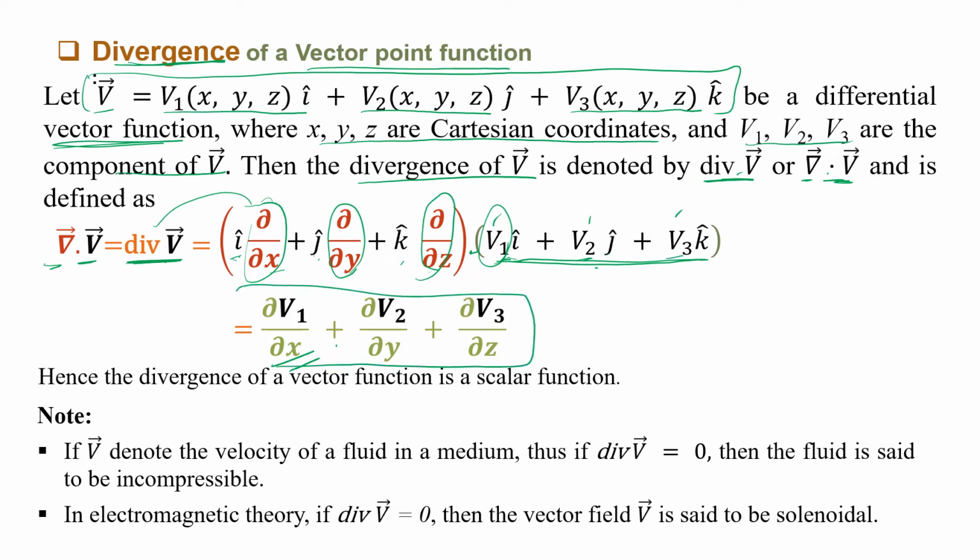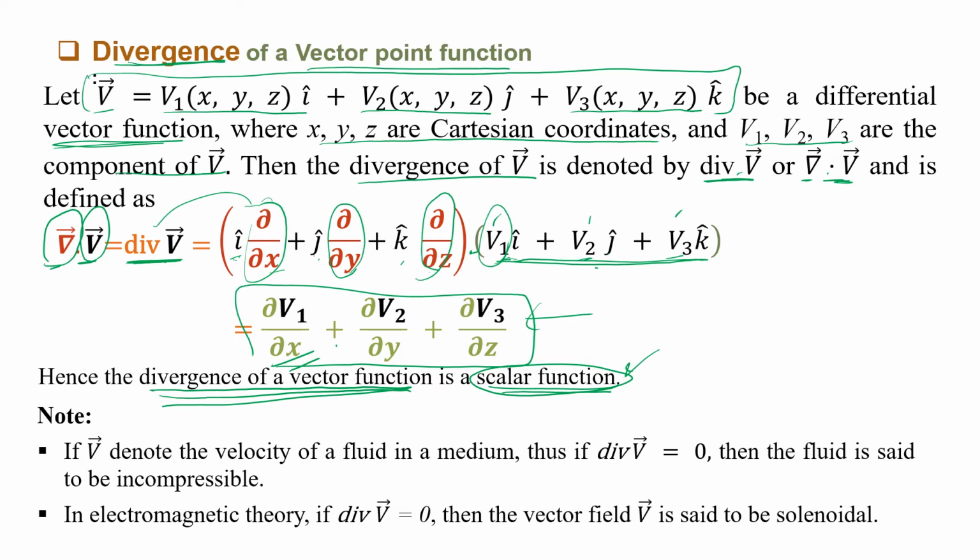So here we have to note that if we operate the del operator on the vector quantity, we get a scalar quantity, meaning the divergence of a vector function is a scalar function. So please remember, the divergence of a vector function is a scalar function, and in the case of gradient, the gradient of a scalar function is a vector function.